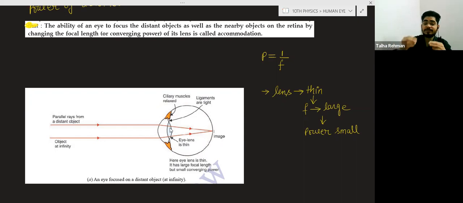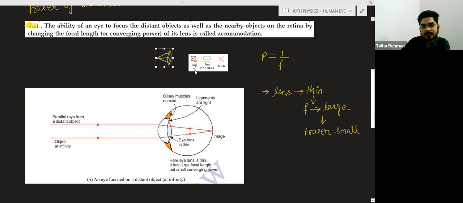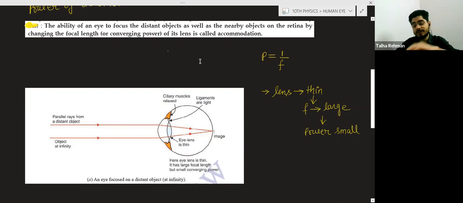But when the diverged light rays are there, suppose you have a lens and these rays are in the form of diverging rays, a lens of large power is required to converge. Here, due to the action of the ciliary muscles, this lens is thin and converging power is small, and we are getting the image here. So that's how we see the distant object.